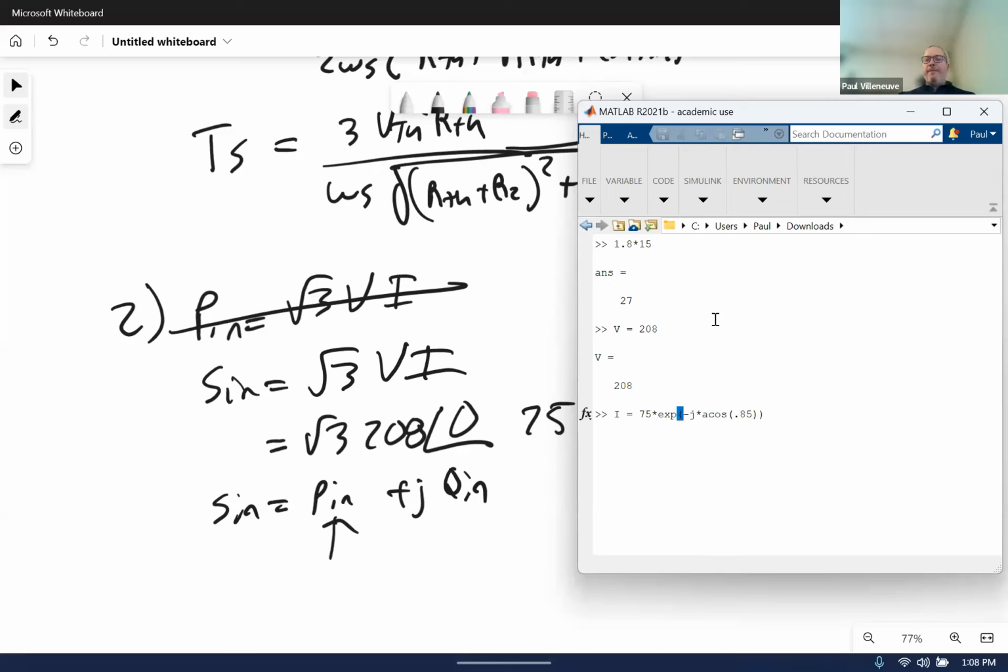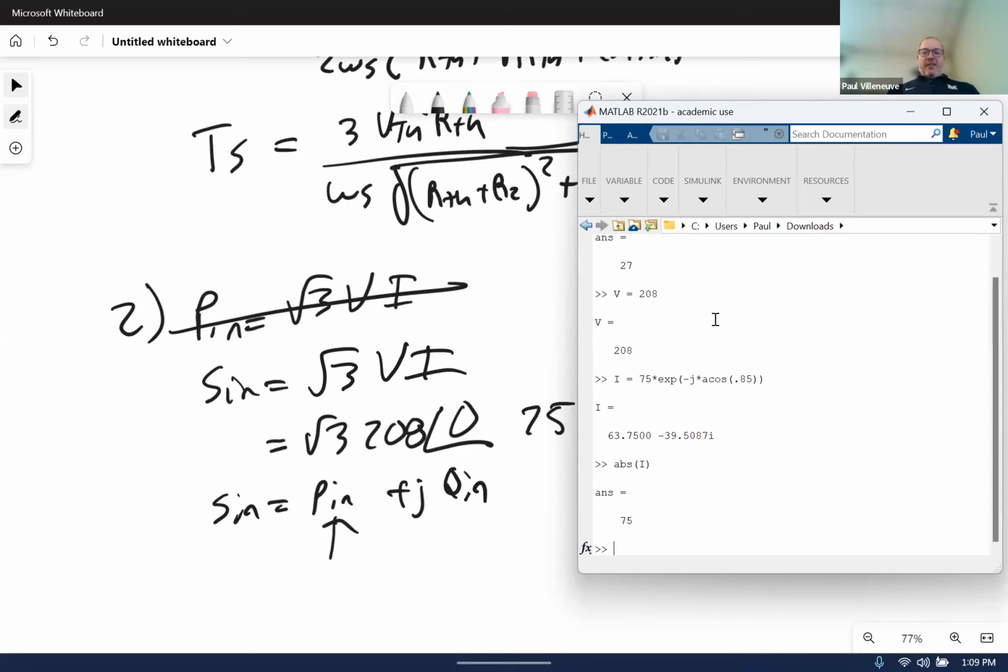All right. When you go 75 at an angle of whatever, the TI is putting in the e to the whatever, the j term. That's my value of I. If you want to check it, you take the absolute value of I, take the angle of I, and multiply it by 180 over pi. So it's 75 at an angle of minus 31.8, which is what we expect.